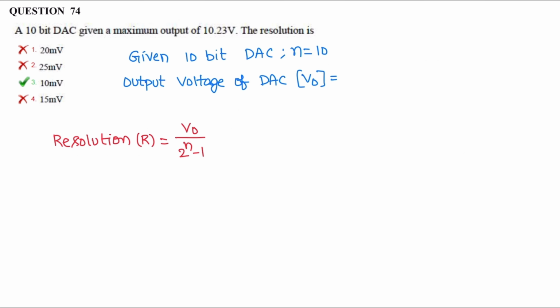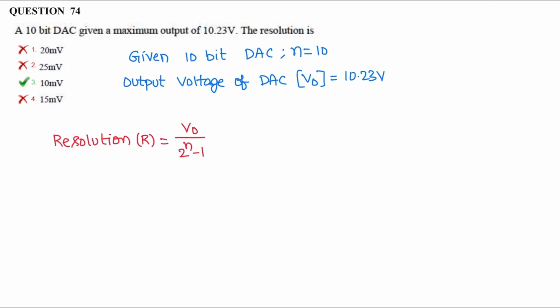Question number 74. A 10-bit digital to analog converter gives a maximum output of 10.23 volts, the resolution is. So given a 10-bit digital to analog converter, that is n is equal to 10. Output voltage of the digital to analog converter is 10.23 volts. We need to calculate resolution.